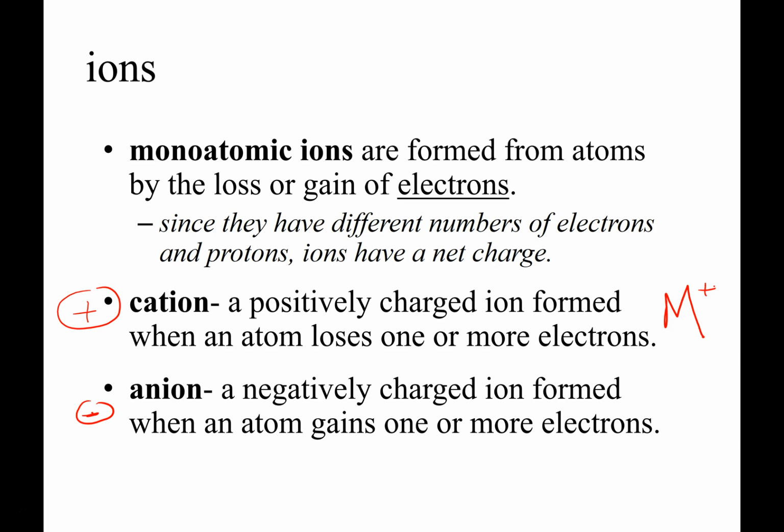I'll just put NM for nonmetals. They tend to form anions. So under my metals I'm going to put lose electrons, and under my nonmetals I'm going to put gain electrons. It's nice when there are patterns in science, and that's definitely a pattern. We'll talk about why metals lose electrons and nonmetals gain electrons.